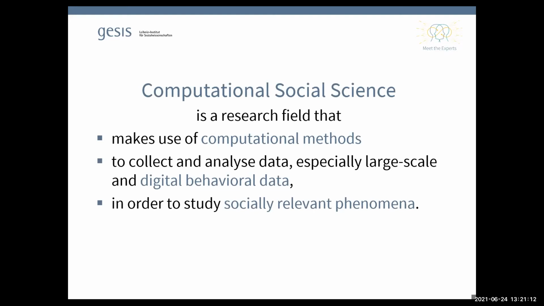So there's the social part in there. So we need a specific set of methods in order to get new kinds of data or large sets of data that are hard to handle without computational support, and use that to explore new phenomena or old phenomena in new contexts that have some social relevance in the end.